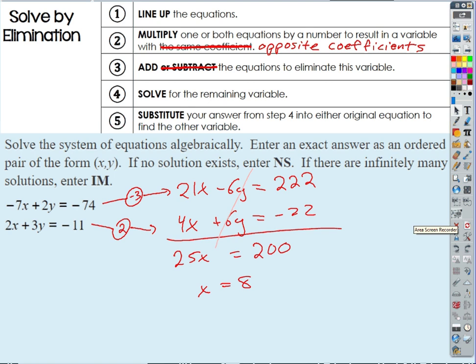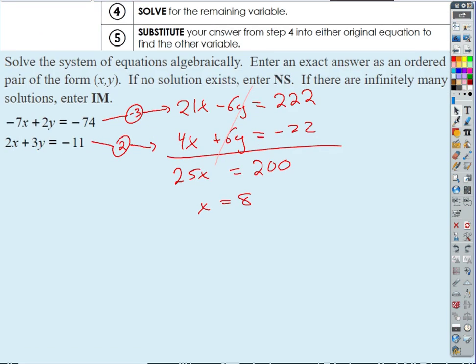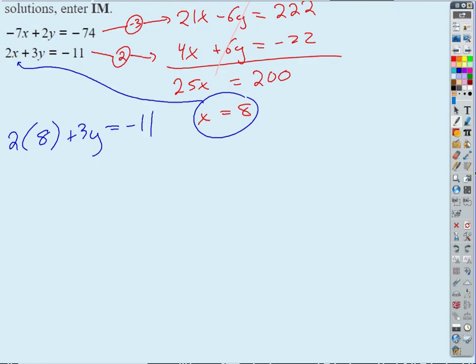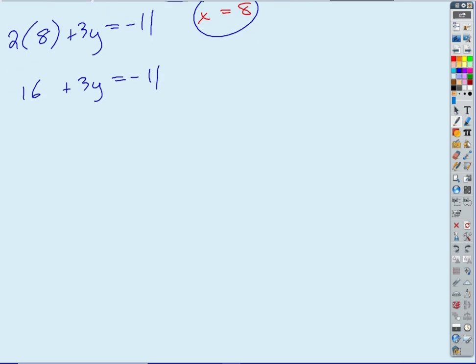Okay. So if we plug this guy into the bottom one, we get 2 times 8 plus 3 times y equals -11. Okay? So that gives 16 plus 3y equals negative 11. What are the two steps in order to solve for y?